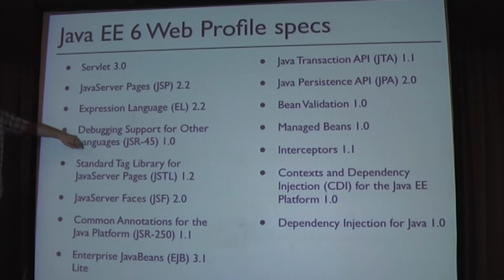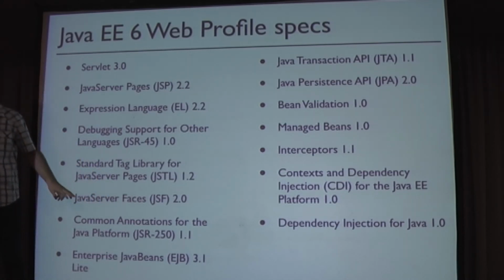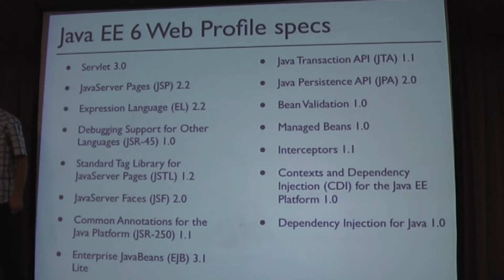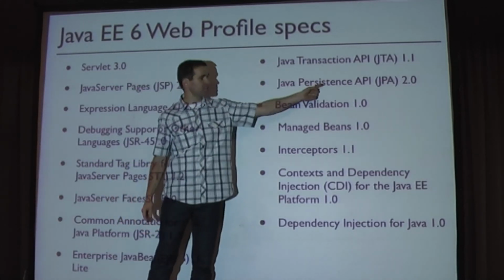So, what about JavaServer Faces? Have you used it? Yes. It's good for some web applications, some form-based applications, but not for every web application. Enterprise JavaBeans Lite is included. Okay. There is the Java Persistence API.